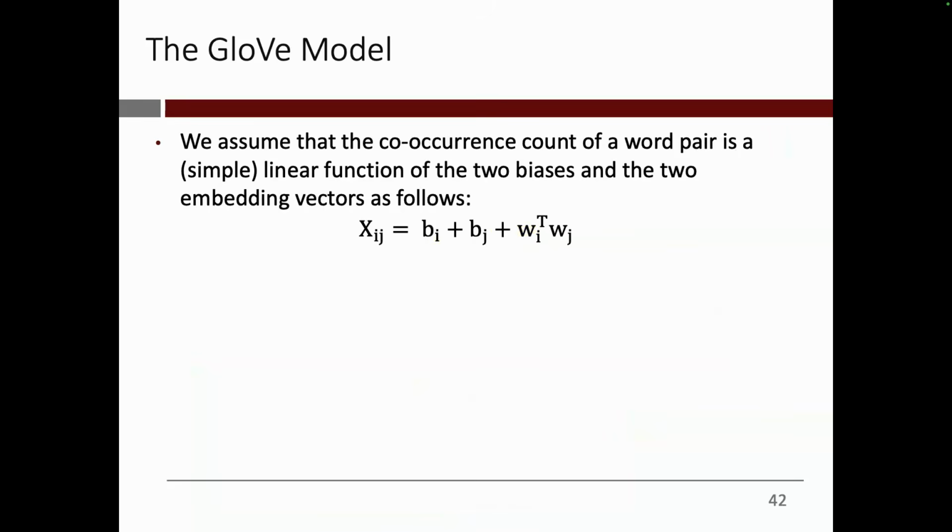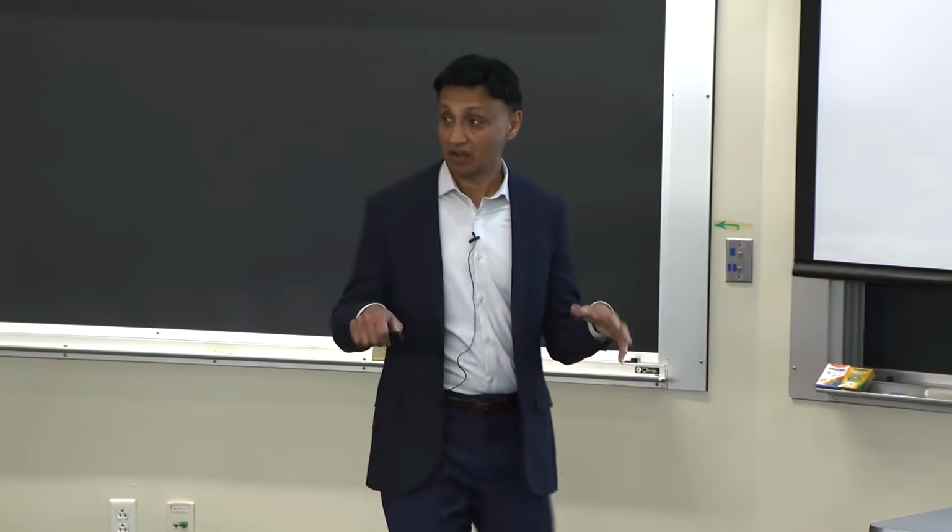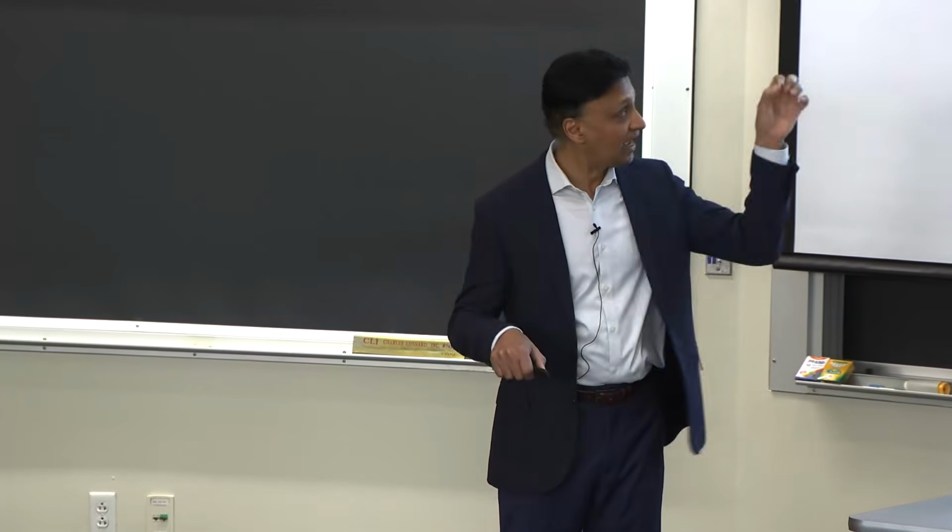So with this setup, basically what we're saying is something very simple. We're saying, look, this co-occurrence matrix that we're able to compute came about because in truth, in nature, there are these embedding vectors for every word. There are these biases, Bi, for every word.